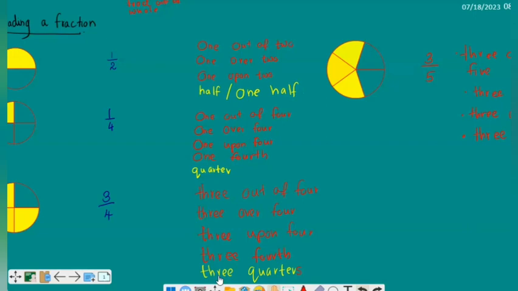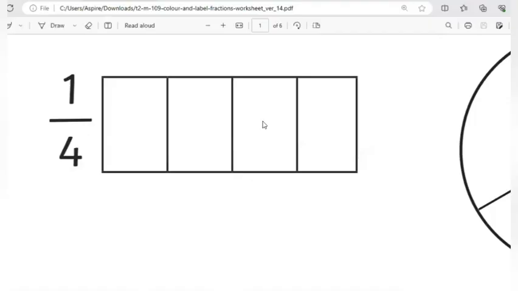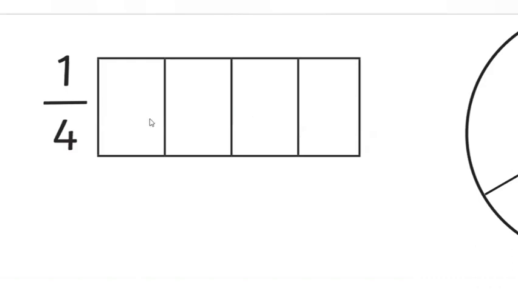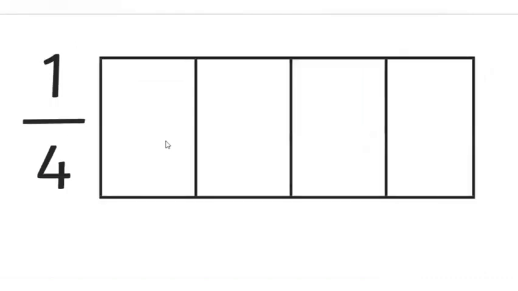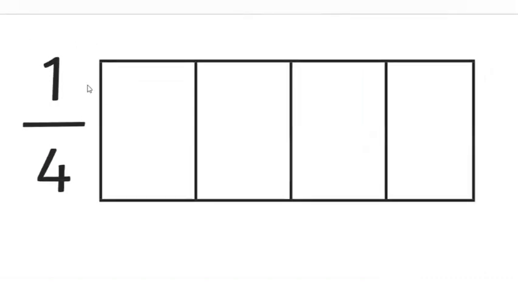Okay. Now here, they are asked to express 1/4. Again, from this whole one, you have to express 1/4. Again, there is a rectangle. It has been divided into equal how many parts? 4 parts.